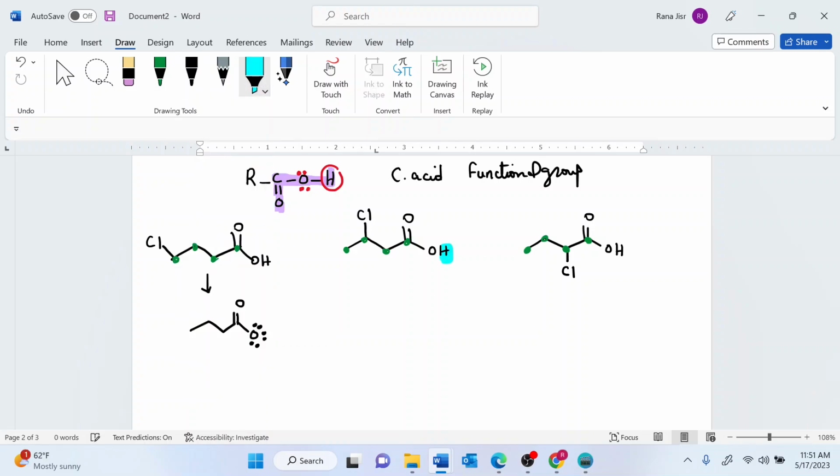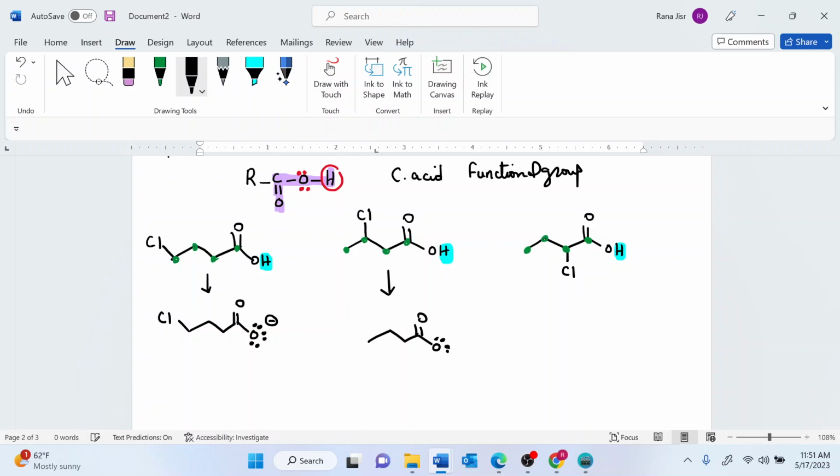This is my acidic hydrogen here. This is my acidic hydrogen here. This is my acidic hydrogen here. Notice that all the acidic hydrogens are connected to the same element, which is the oxygen. So this is why I need the conjugate base, to check its stability and relate that to the acid strength. So I have my chlorine over here and the negative charge. Don't forget this. Let's go ahead and do this for every single one of them.